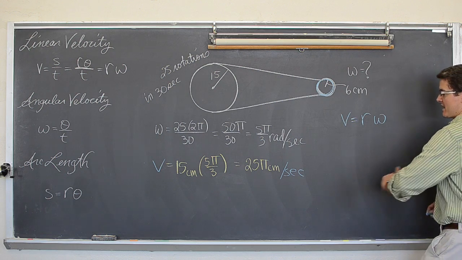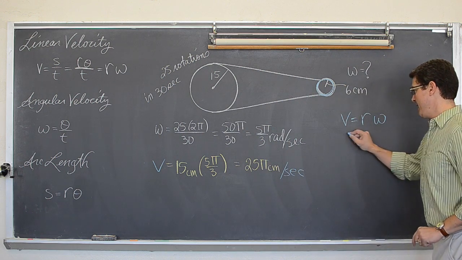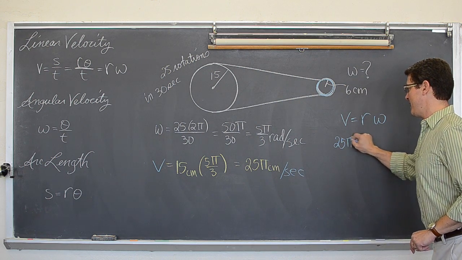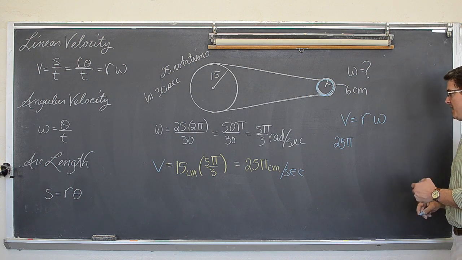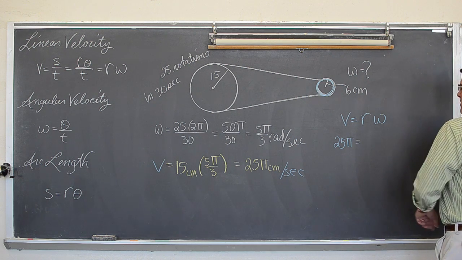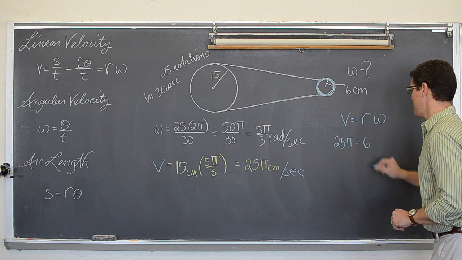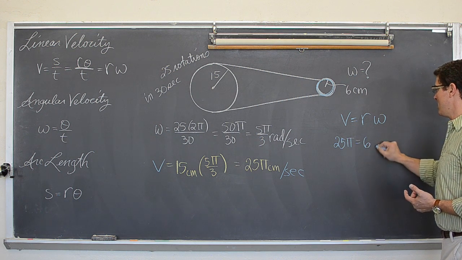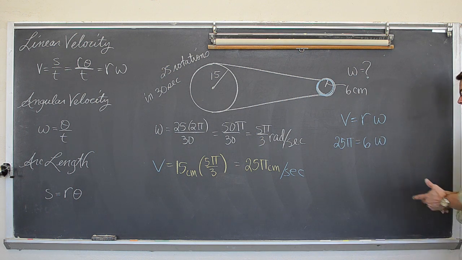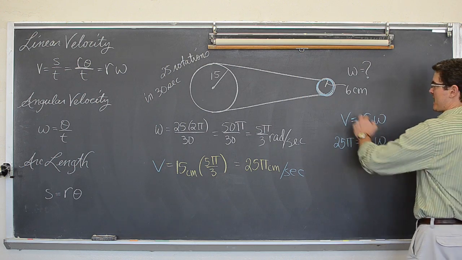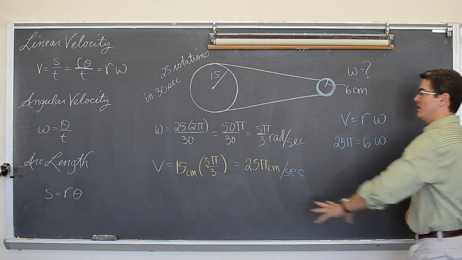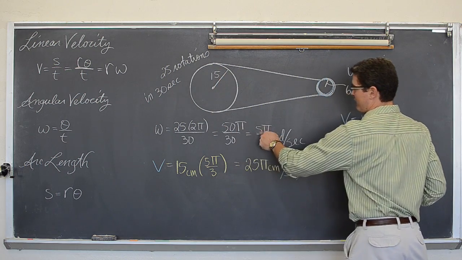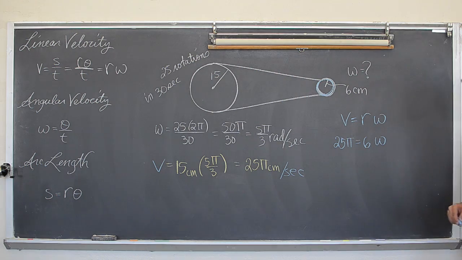In that 1 second period, you're moving 25 pi centimeters of chain around a sprocket with a radius of 6, and V equals R omega, where omega is the question. What's the angular velocity per second?